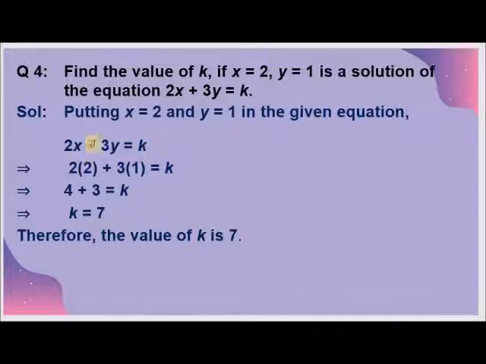Then in place of x we are writing 2 and in place of y we are writing 1. So 2 2s are 4 plus 3 1s are 3 is equal to k, and 4 plus 3 is 7. So the value of k is 7. So this is all about this exercise.